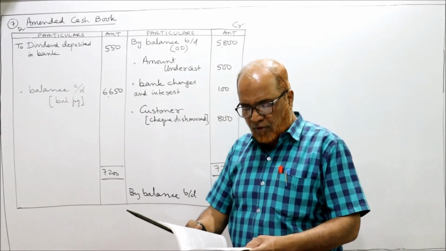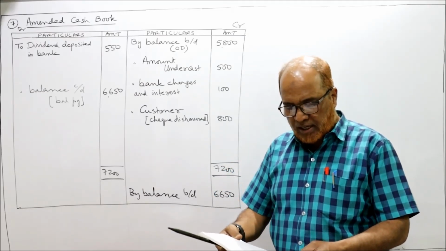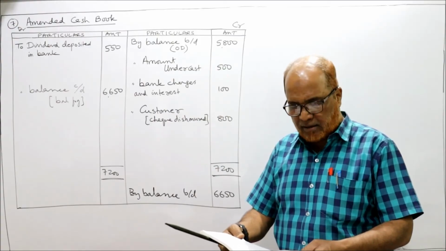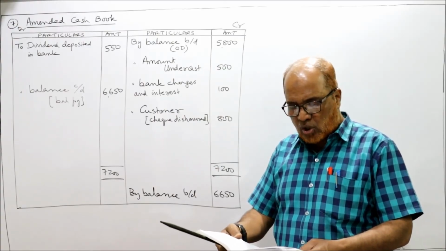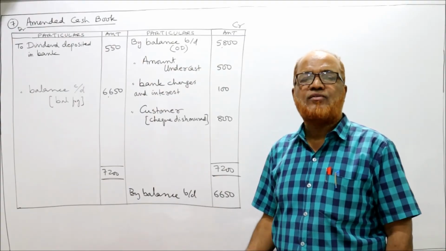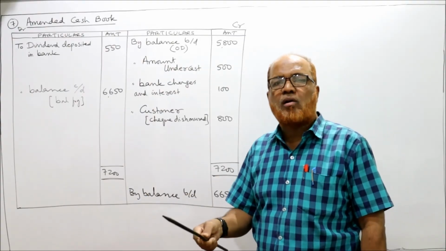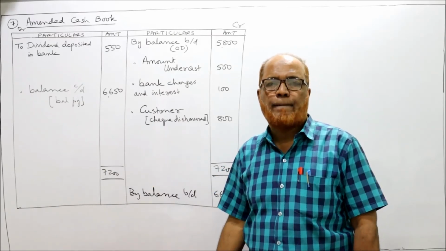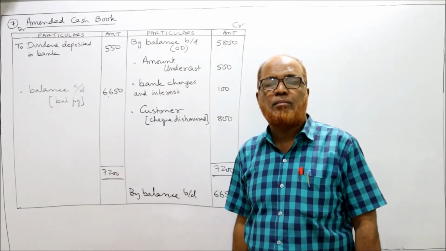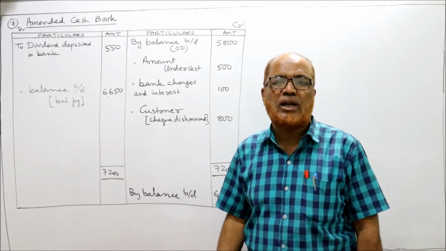Now a check of rupees 800 paid into bank has been dishonored and shown as such by the bank, but no entry for the dishonor had been made in the cash book. The 800 rupees worth of check had been deposited in the bank, so before depositing, it was already entered in the cash book. But the banker has informed that this 800 rupees check was dishonored.